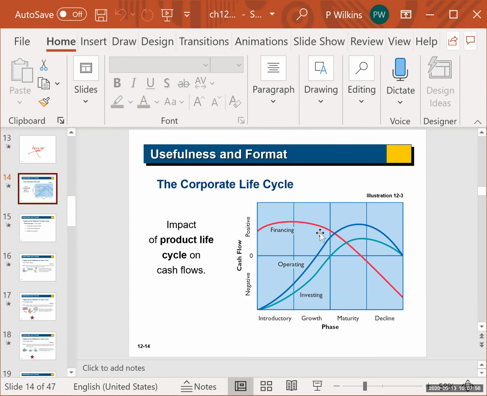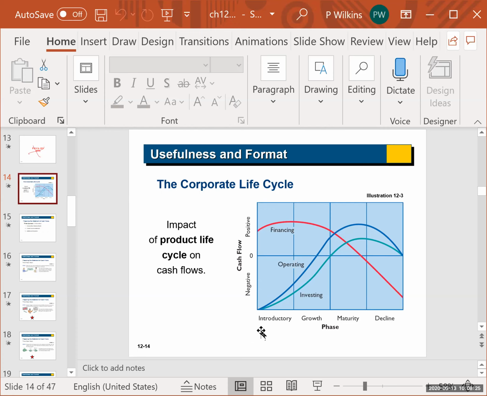This is just talking a little bit about life cycles and how any organization goes through different life cycles: introduction phase, growth, maturity, and decline. If an organization does not reinvent themselves as they start to go into the decline phase, then they will decline and go out of business. When you look at companies that have been around for over 100 years, like Campbell's Soup, they have continually reinvented themselves in order to stay in business.